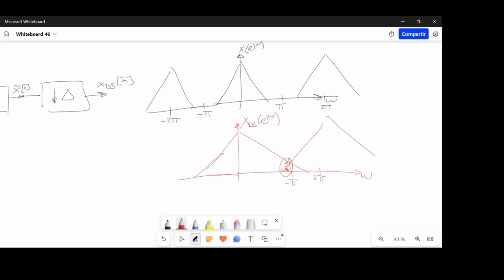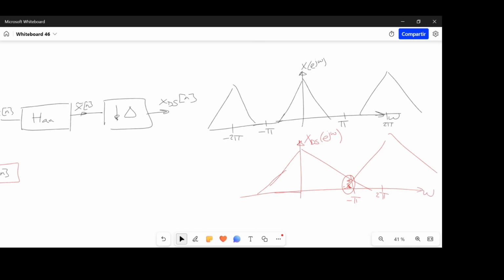So you don't want that. What you do is apply your anti-aliasing. So this filter here will be the anti-aliasing.